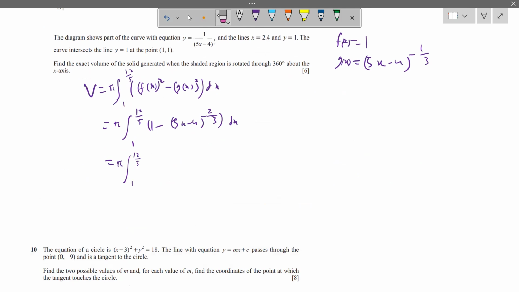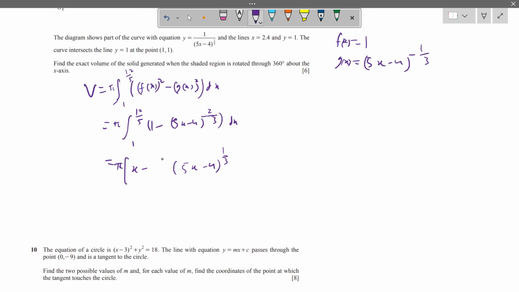Oh, wait, no. So here this is pi times x minus... So for this one, you have to do the reverse chain rule. You have to remember that if you were to differentiate this with respect to x, you'll get 1/3 times 5 times (5x minus 4) to the power of negative 2 over 3.